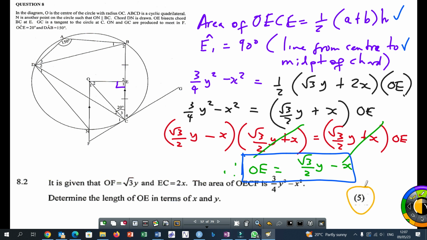I would not give you 5 marks without that. If I'm the examiner, I'll be looking for that, because you cannot start using the formula of area of a trapezium without knowing that the height h has to be perpendicular to the two opposite sides that are parallel. You have to know it.